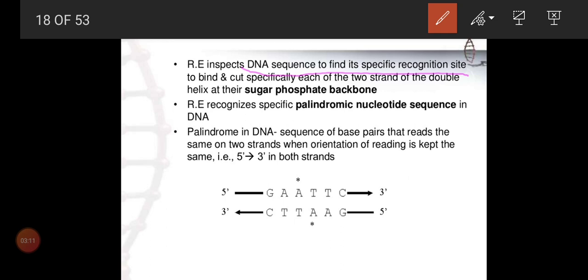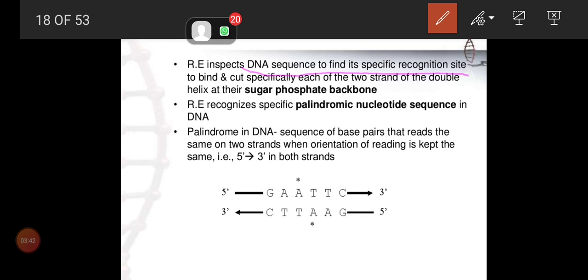The segment which the DNA restriction endonuclease is going to cut, that segment only we can call a recognition site. So how is it recognizing its site? By shape to shape matching. Okay, it will match with the DNA, and after matching it will bind with the DNA. Once it has bound, that is the recognized site.